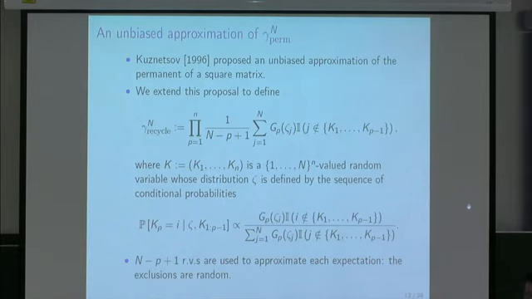In fact, those algorithms are particularly good for square matrices, but they're not better for rectangular matrices, because they make use of the fact that for a square matrix you're going to pick both columns and rows when you choose these Ks, whereas for a rectangular matrix you don't pick every column. That's a bit of a technical point, just to dissuade people who are going to say there are much better estimators of the permanent, at least in the square case.